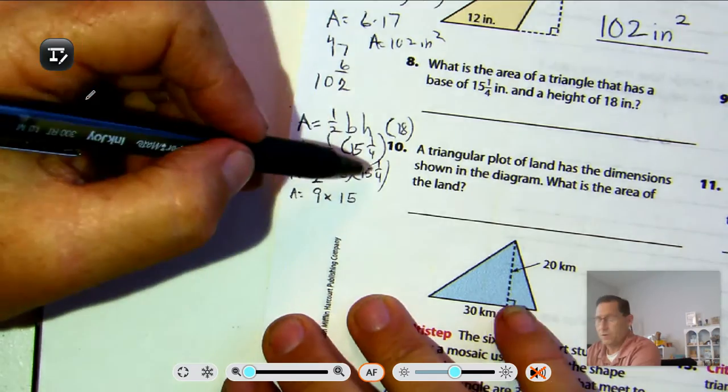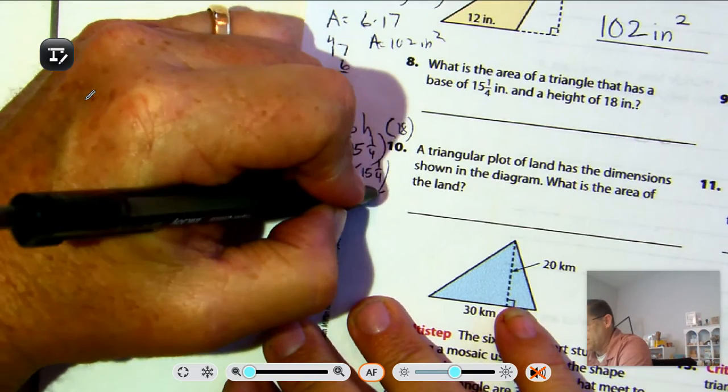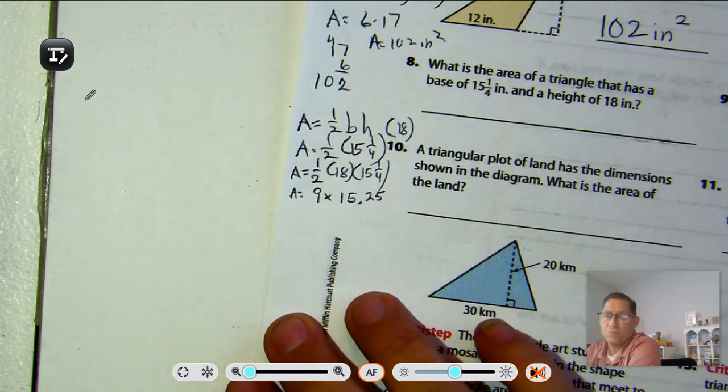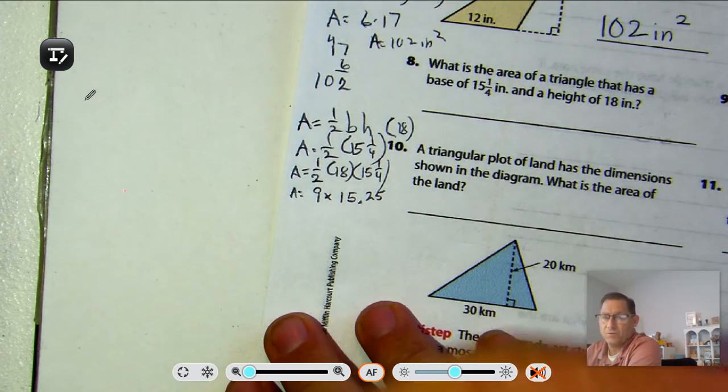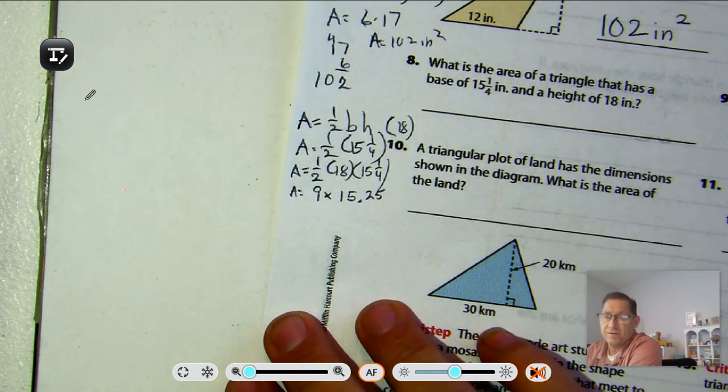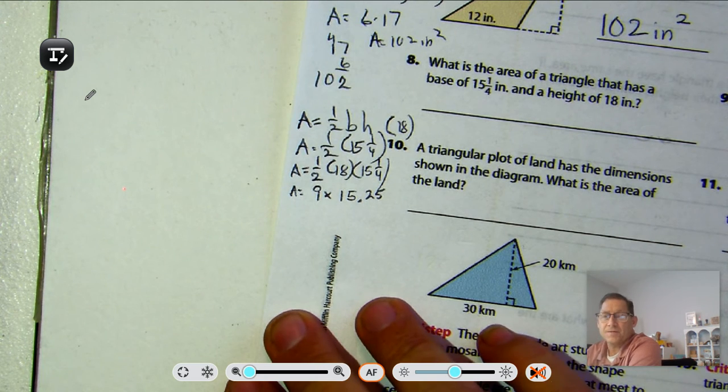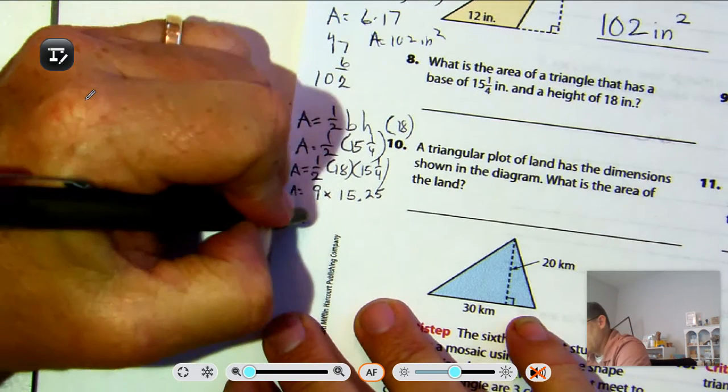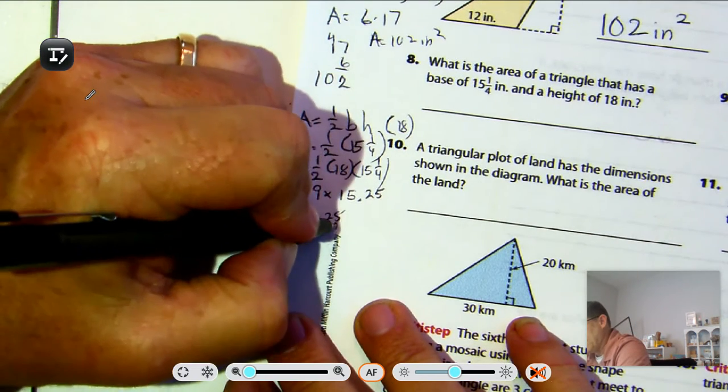15 1/4, that's the same as 15.25, right? 1/4, that's a fourth of a dollar. A quarter is 25 cents of a dollar because it takes 4 quarters to equal a dollar. So 15.25 times 9.